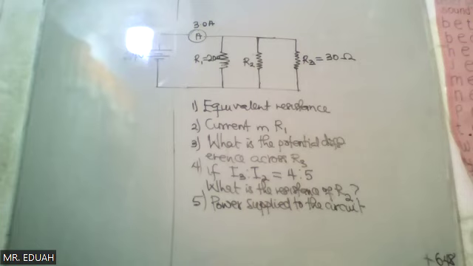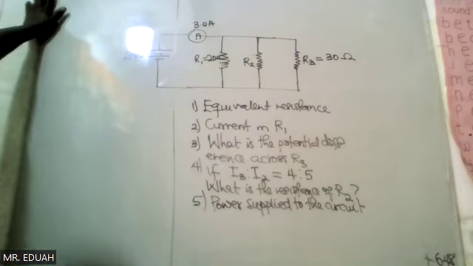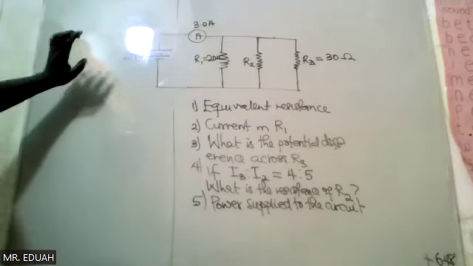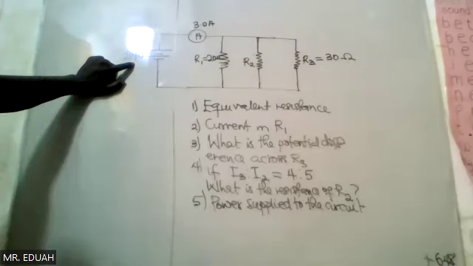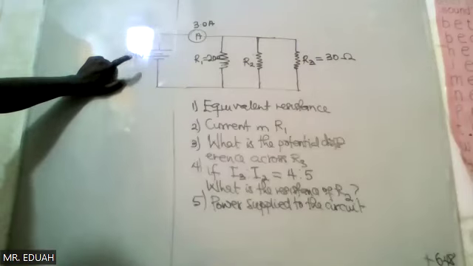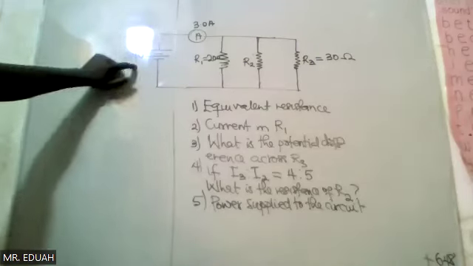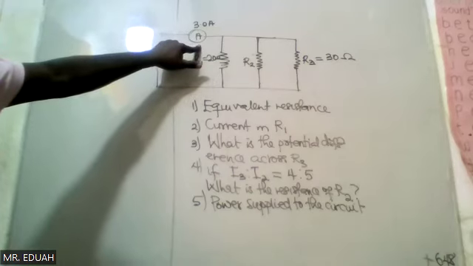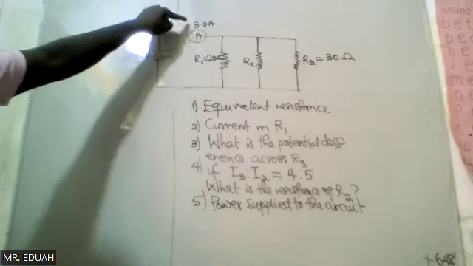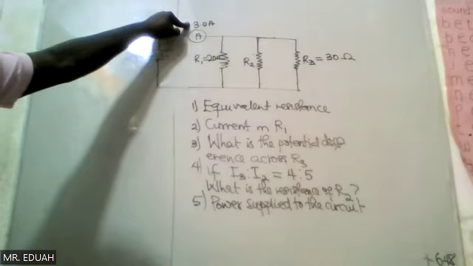Mr. Ja, please, what's at the top there? I can't see anything. We are given the source voltage to be 24 volts. Then this is an ammeter. The ammeter reads 3.0 ampere.